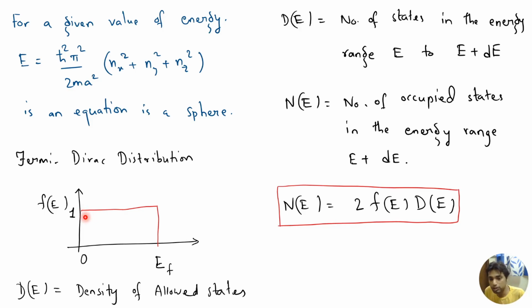We want to find the density of the allowed states, which we define as D of E. So there will be some allowed states in the material, and the Fermi-Dirac function will tell you the probability of occupancy.